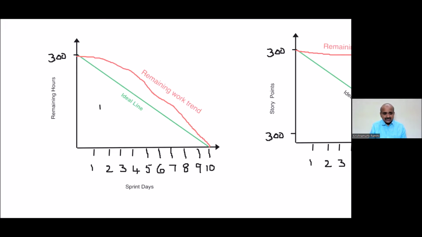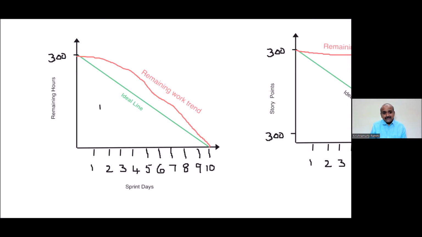Friends, I ask many professionals what will be on the x-axis and what will be on the y-axis of a burn-down graph. 90% of the people will not tell this. 10% of the people will tell, and out of those who tell, again 90% will not use the word remaining. So the remaining work units is what will be on the y-axis. On the y-axis, remaining hours.